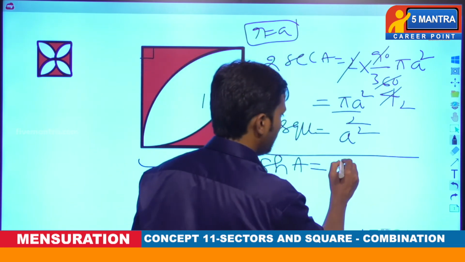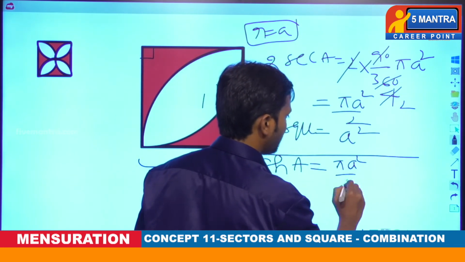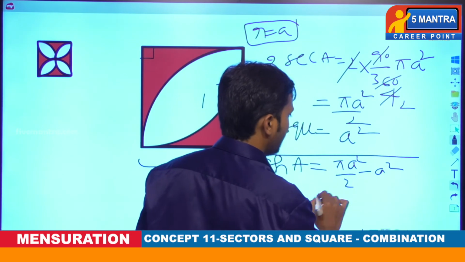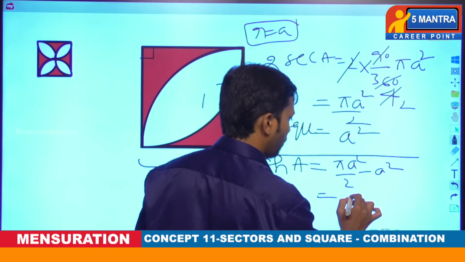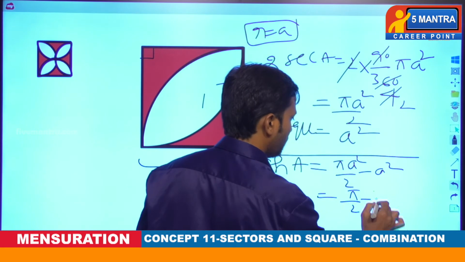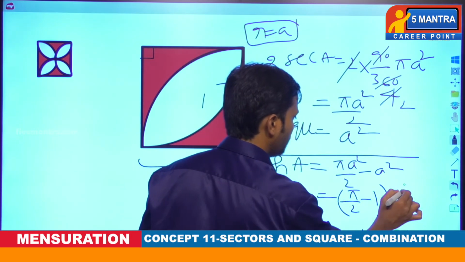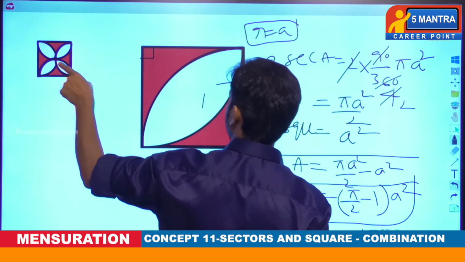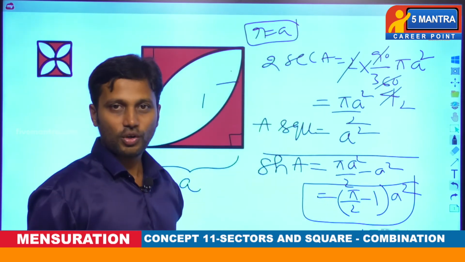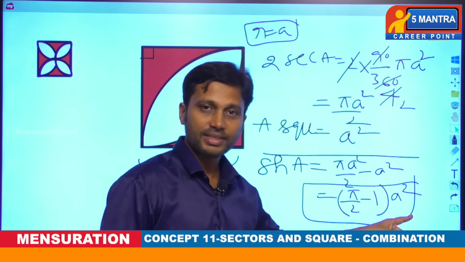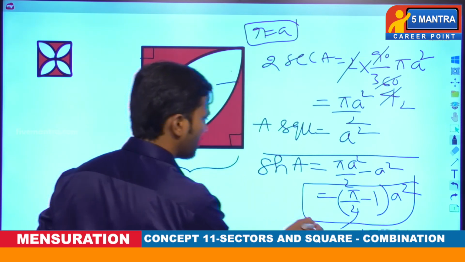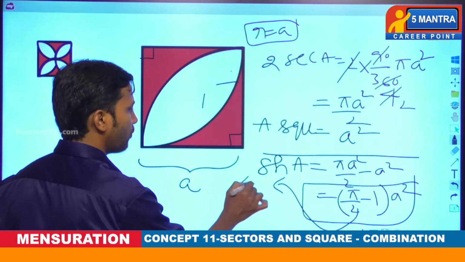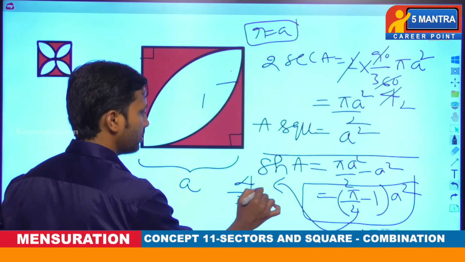So pi a square by 2 minus a square. Again if you take a square common, what will be the answer for you? Pi by 2 minus 1, into a square. So again we got the same answer, same as this or not? Okay, so here also we got the same answer. That means the finally simplified answer for this also would be 4 by 7 a square or not?